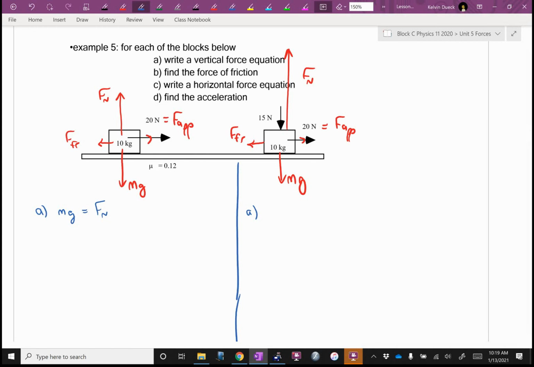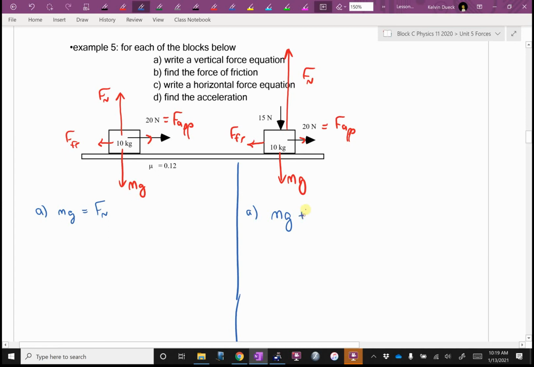Ethan, for the right-hand diagram, am I sinking to the ground like quicksand? Am I flying off like Superman? Then everything down has to equal everything up. What's everything down? There's two things. There's another arrow pointing down. Force applied is not pointing down. Just read me the number that's pointing down.